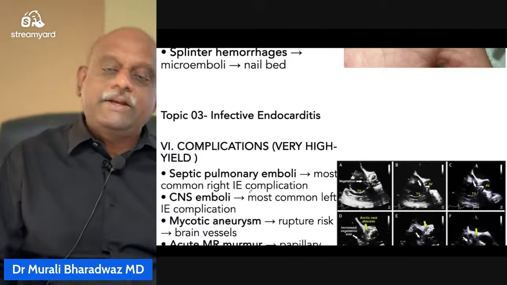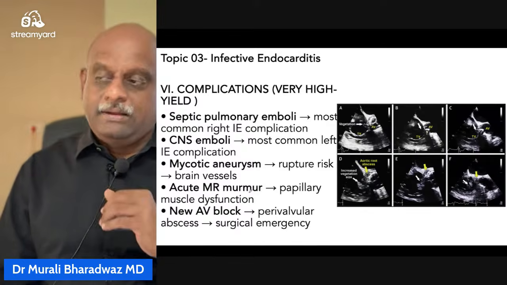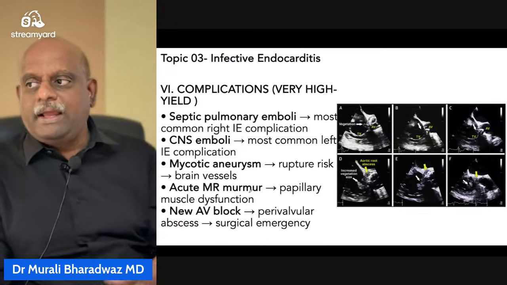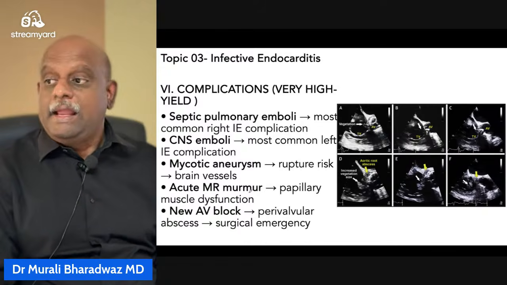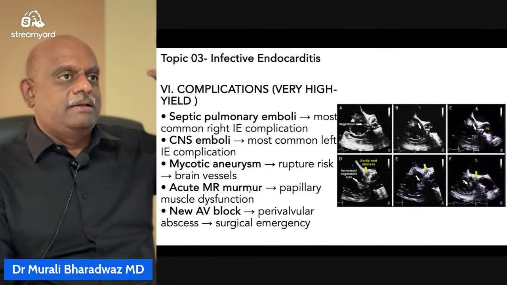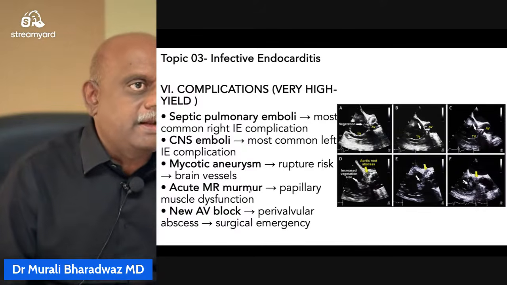Now, what are the complications? Septic pulmonary emboli in right-sided infective endocarditis, CNS emboli in left-sided. Then the blood vessel wall can become weak and can lead to a mycotic aneurysm that can rupture.